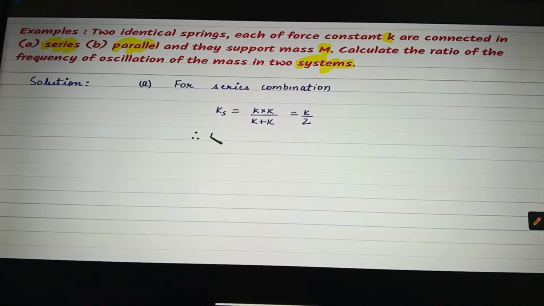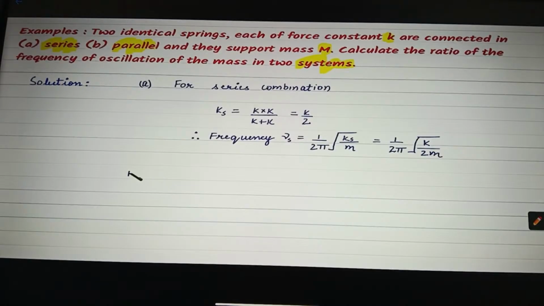Therefore, we can say that the frequency nu for series will be equal to 1 by 2 pi square root of Ks by m, which is equal to 1 by 2 pi square root of K by 2 and m.